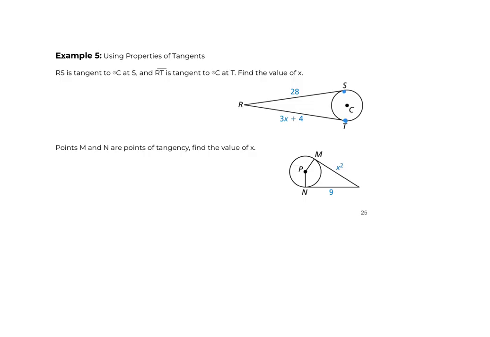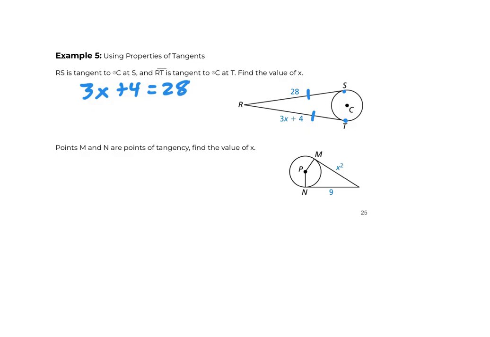One's at S, one's at T. And based on what we talked about just a few minutes ago, I know this piece and this piece are congruent, which makes this pretty basic because all I got to do now is say 3x plus 4 equals 28.